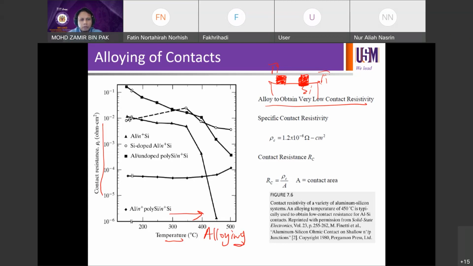So they go down because of improved resistance. Some part of the contact goes into the silicon and then forms good conductivity, right? So specific contact resistivity on the y-axis, and you can then calculate contact resistance by your specific contact resistivity over the area of the contact. So rho C over A, then you're going to get your RC, contact resistance. So that's how you calculate.